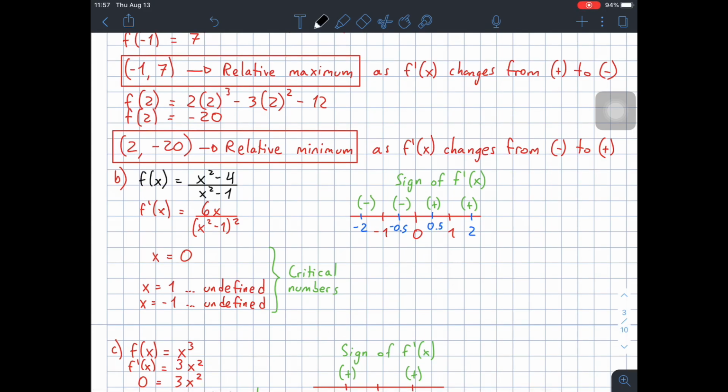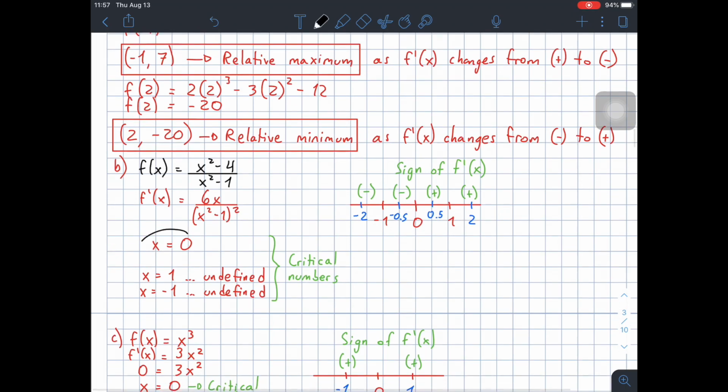This is the original function. So we found the derivative. This is what we did last class. We found this first critical number and these two critical numbers that, if you remember, are the ones found by setting the denominator to 0, which causes an indetermination in the function.